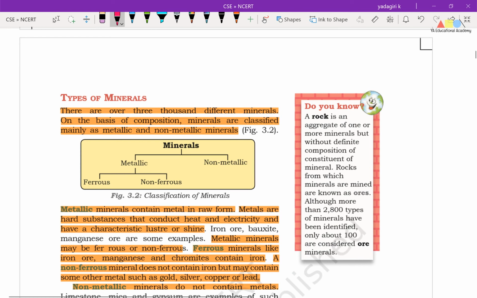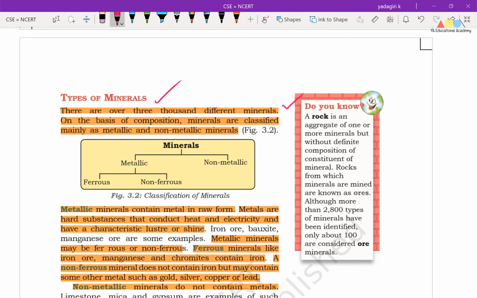Okay friends, now we will see types of minerals. There are over 3000 different minerals, and on the basis of composition, minerals are classified mainly as metallic and non-metallic minerals.